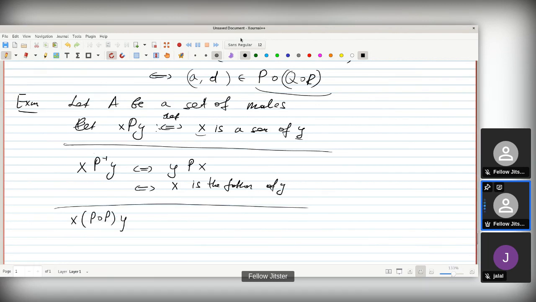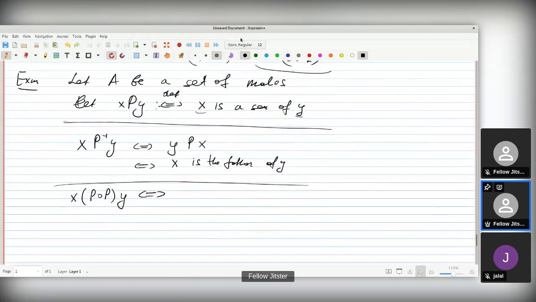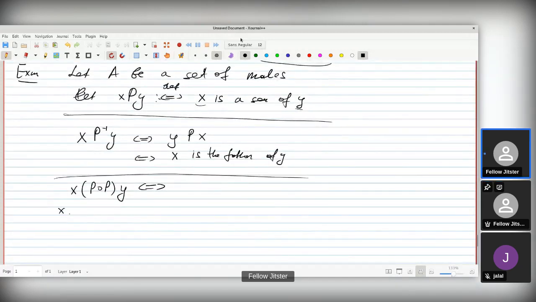X, P composition P, Y. What does it mean? There exists some intermediate point z, such that xPz and zPy. So there exists some z such that x is a son of z, and z is a son of y. But how is it possible?